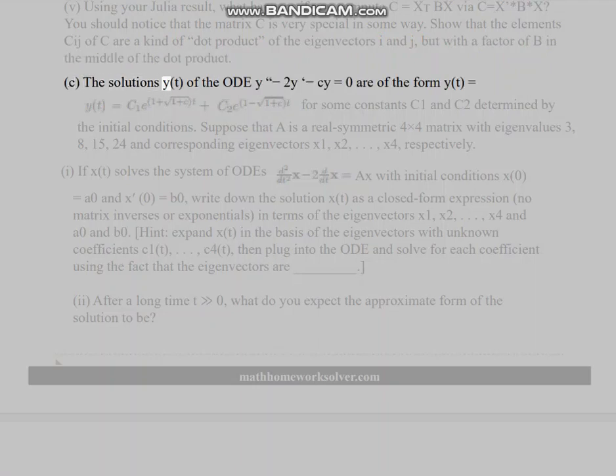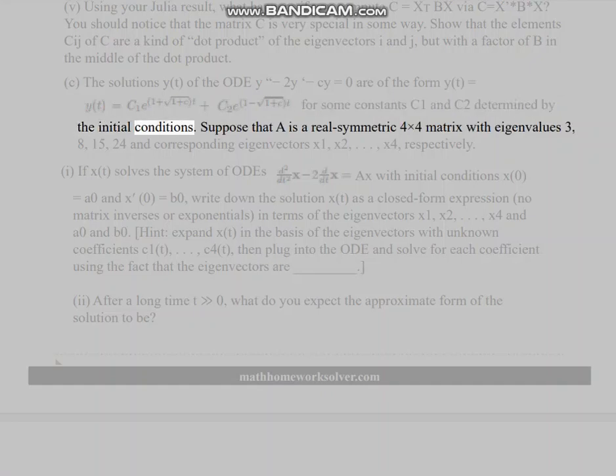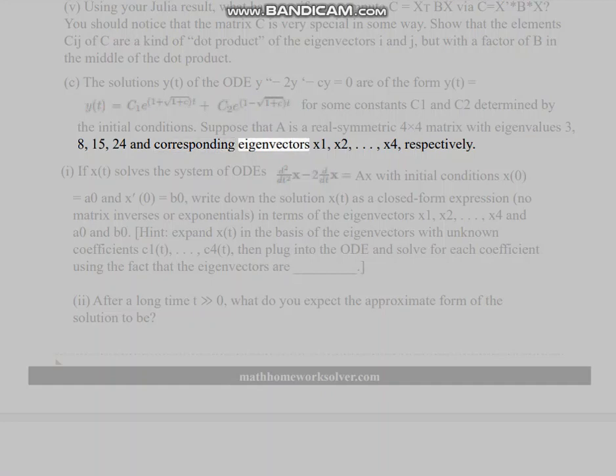C. The solutions y(t) of the ODE y'' minus 2 y minus psi equals 0 are of the form y(t) equals something, for some constants C1 and C2 determined by the initial conditions. 1. Suppose that A is a real symmetric 4 by 4 matrix with eigenvalues 3, 8, 15, 24 and corresponding eigenvectors x1, x2, x3, x4, respectively.